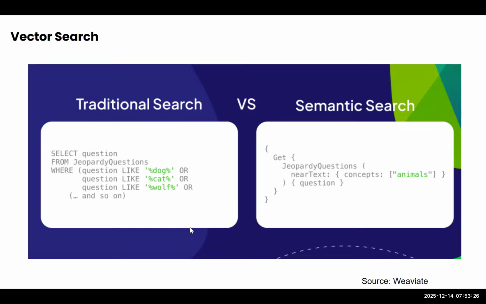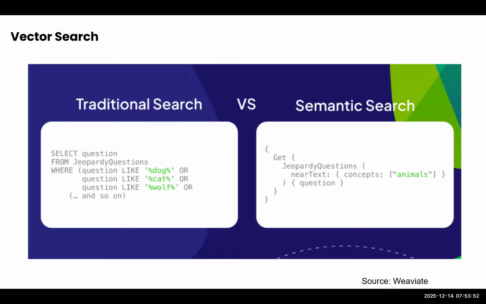Okay, so traditional search versus semantic search. I think we touched upon this a few times. What is the difference between our RDBMSs like SQL Server, MySQL, Oracle? We store the data and then we query the data and get the response back. And why do we have to use the embeddings?